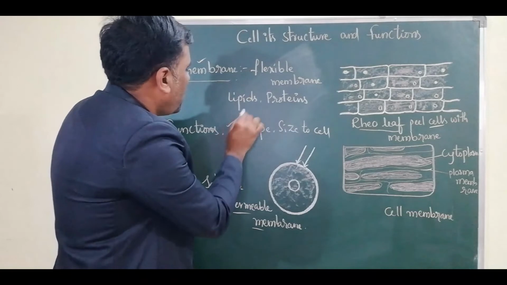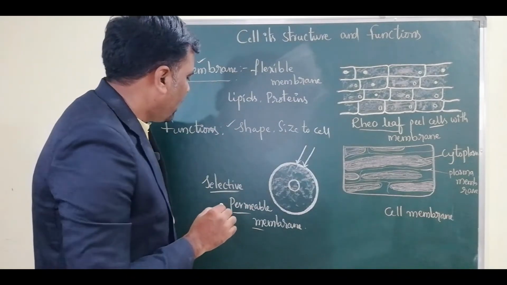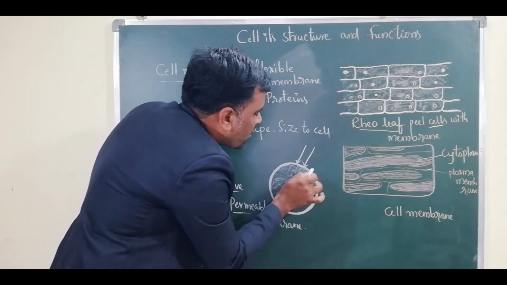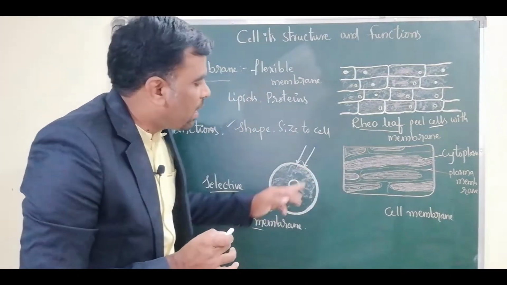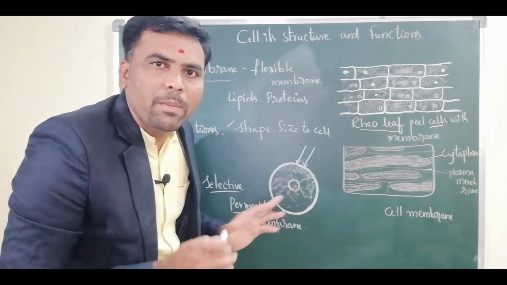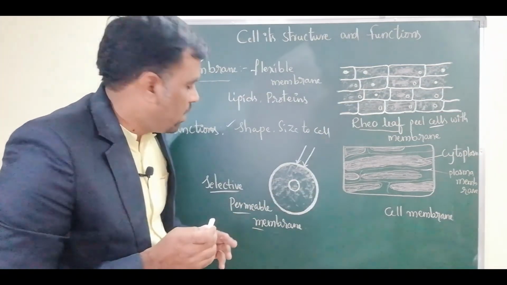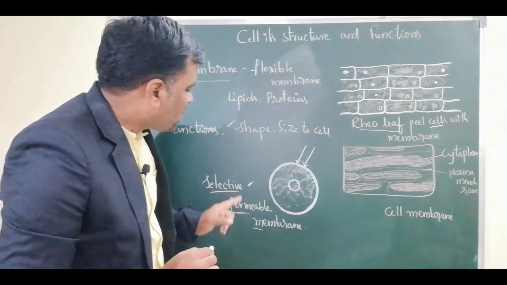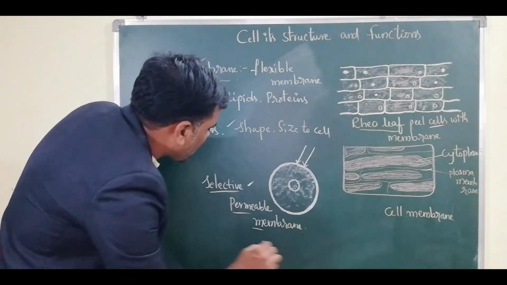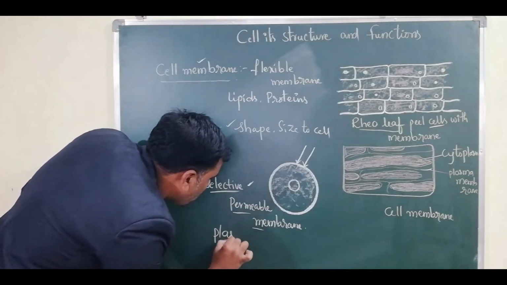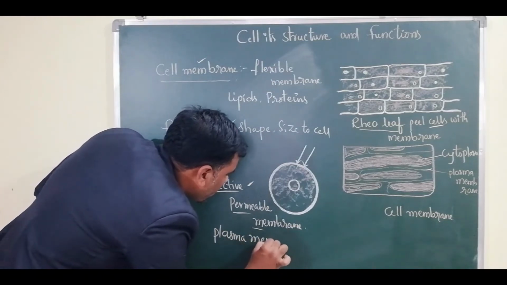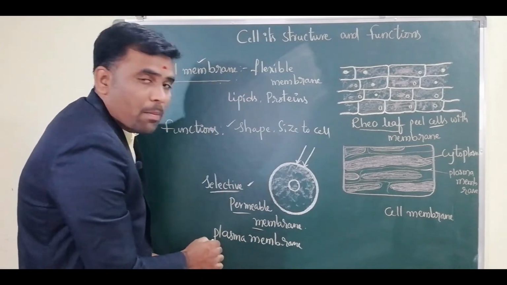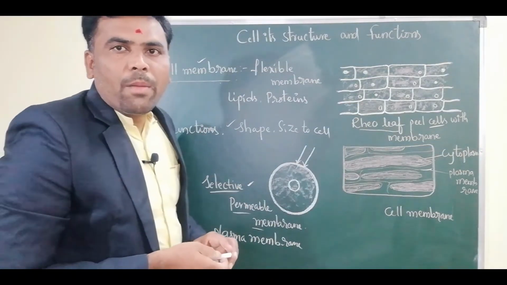So, the cell membrane gives shape and size to the cell, it separates the cytoplasm from the external environment because the conditions are different, it maintains balance between internal and external environment, and it allows only selected materials. The cell membrane is also known as plasma membrane. Cell membrane, plasma membrane, or selective permeable membrane.